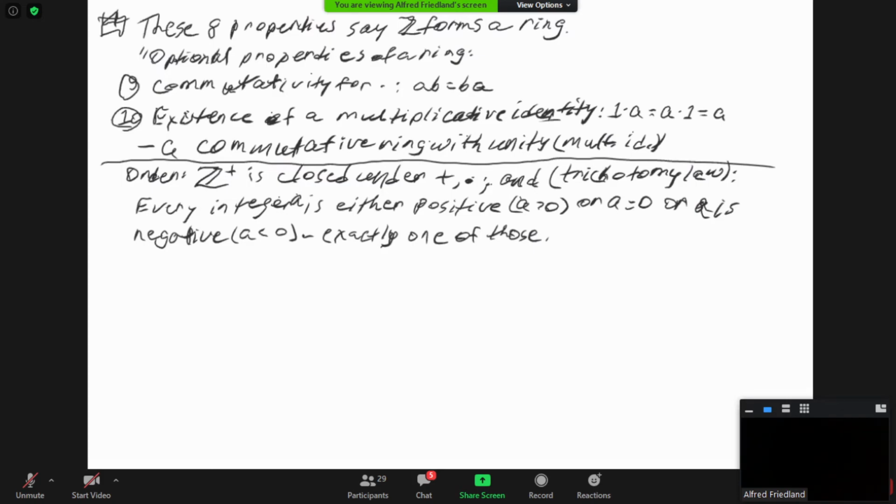The reason I make that point is ordinarily, you should notice, in mathematics, when we use the word or, we use it in the inclusive sense. So if I say a is either a positive number or a prime number. Well, if a is 7, it's both. It's a positive number and it's a prime number.